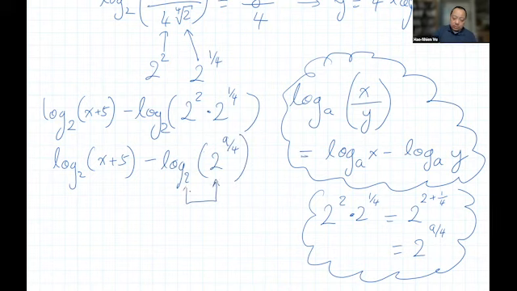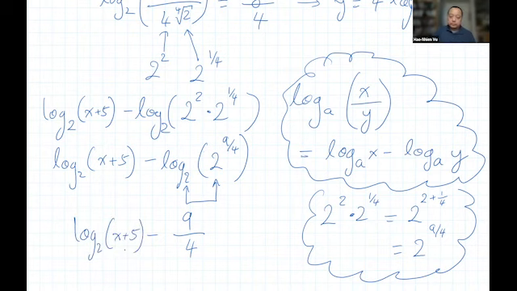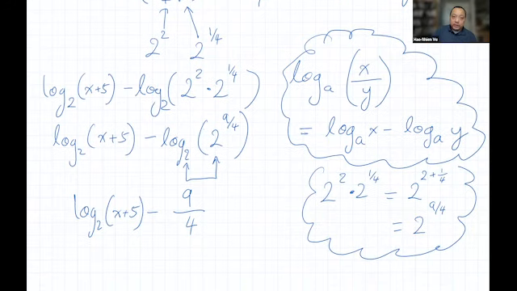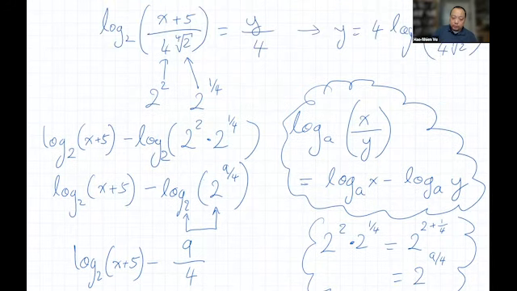Log base 2 and 2 to the power cancel. What I have left is just 9 over 4. So this whole left-hand side here is log base 2 of x plus 5 minus 9 over 4.